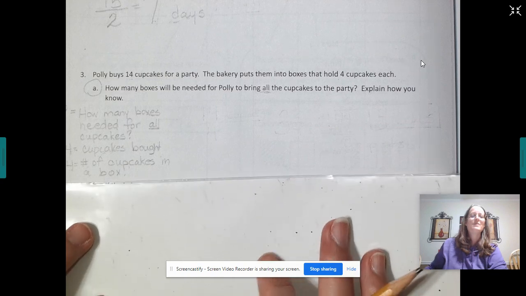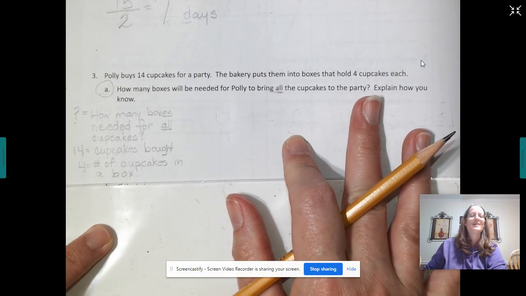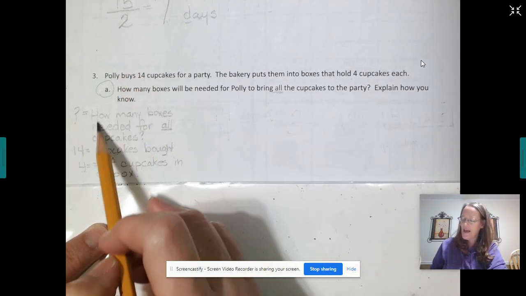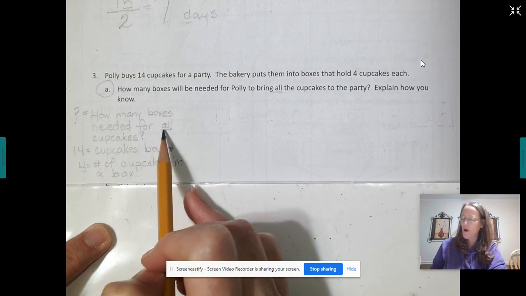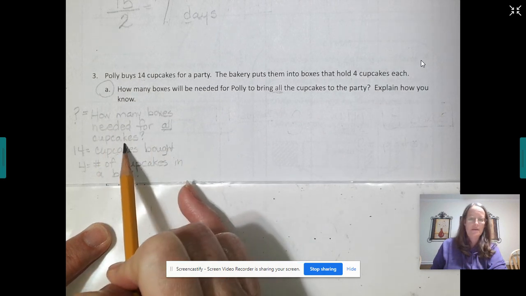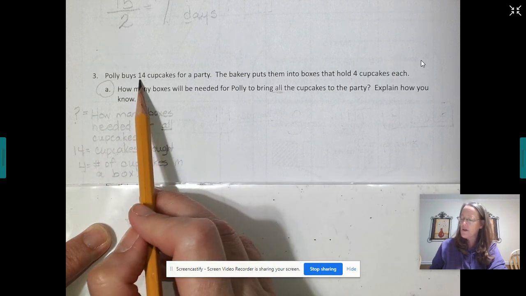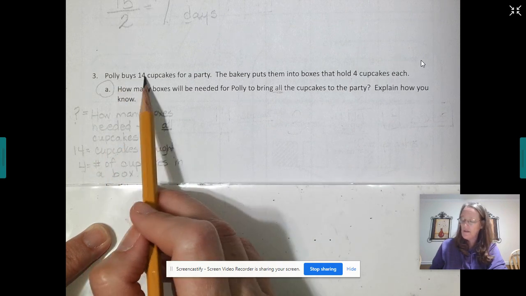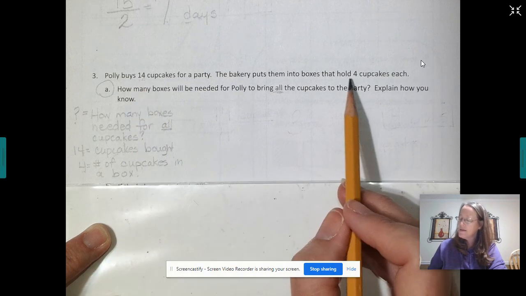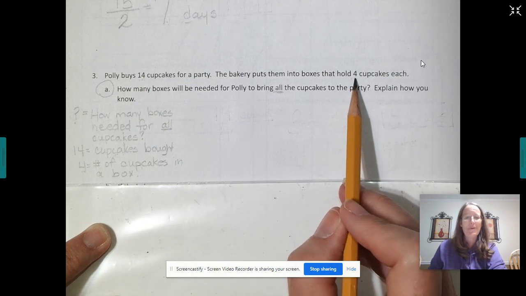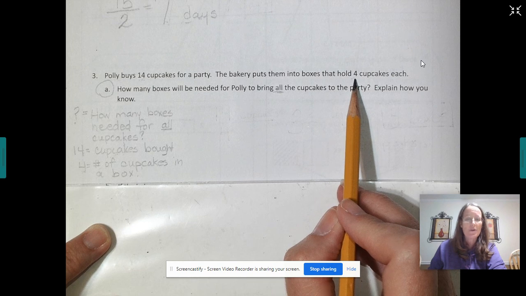Here's our problem solving steps. Our question is asking how many boxes are needed for all the cupcakes. 14 represents the cupcakes that she bought. And 4 is the number of cupcakes that Polly is going to put into each box, every box.